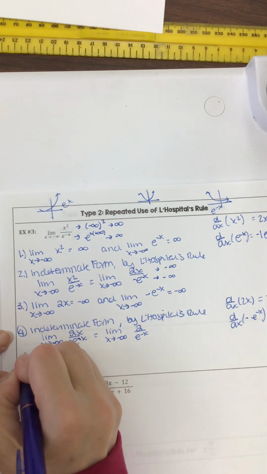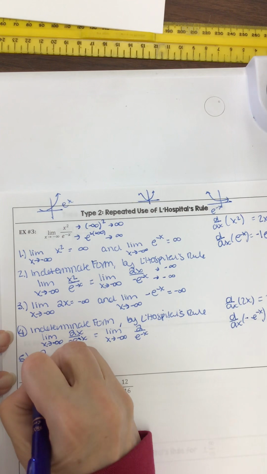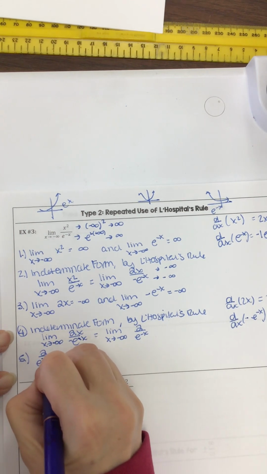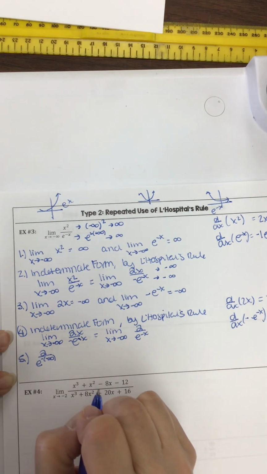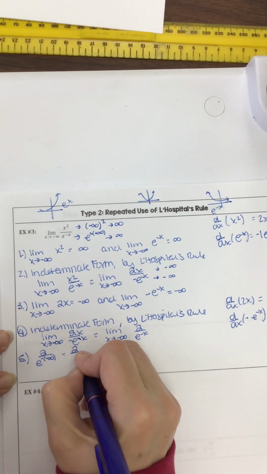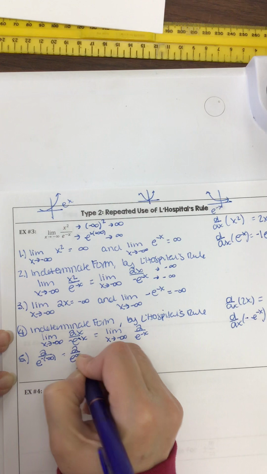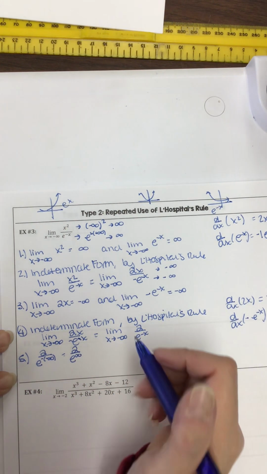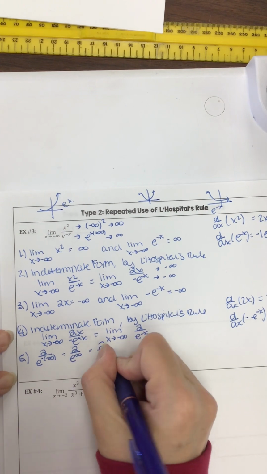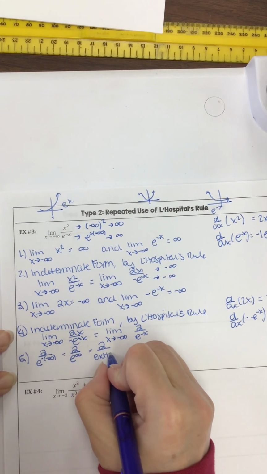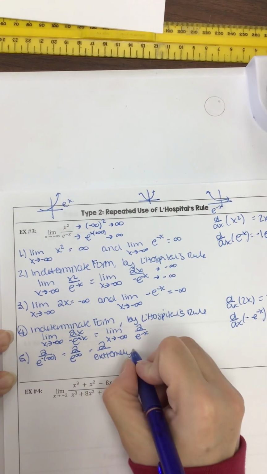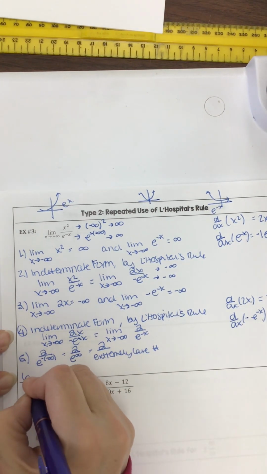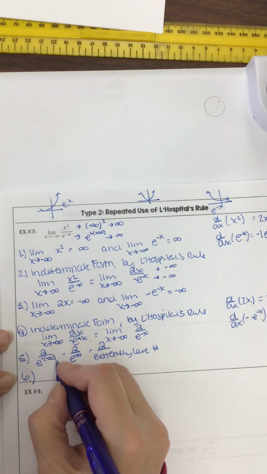So if you were to do a direct substitution here, you'd end up with 2 over e to the negative infinity, correct? Or 2 over e to the infinity? When you divide 2 by some extremely large number, you get, do you remember? 0.